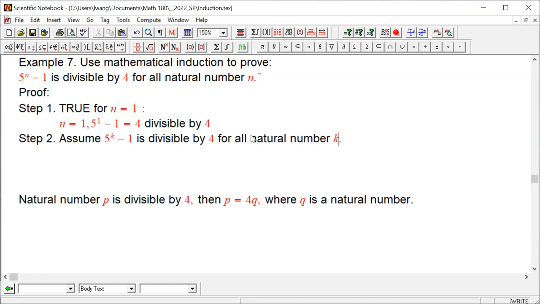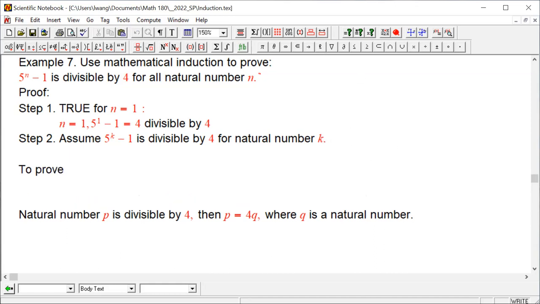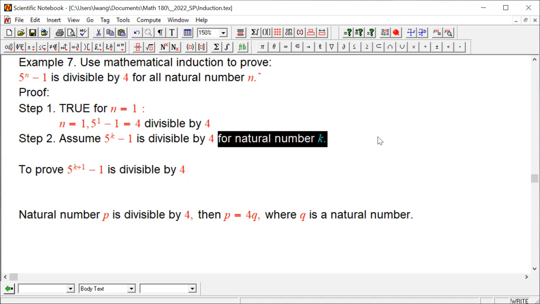And we are to prove that it is true for k plus 1. We can just remove that. Okay, just nice and clean.